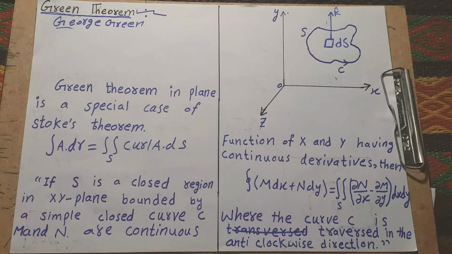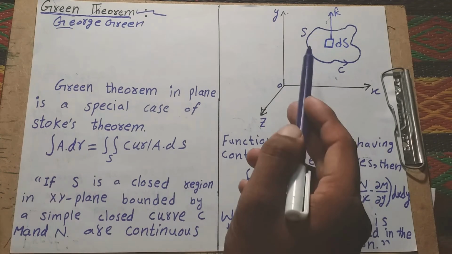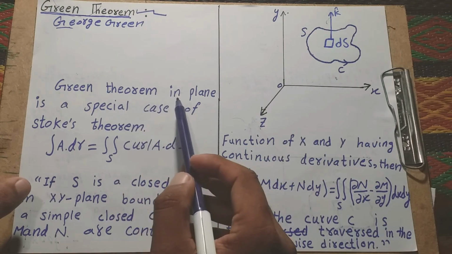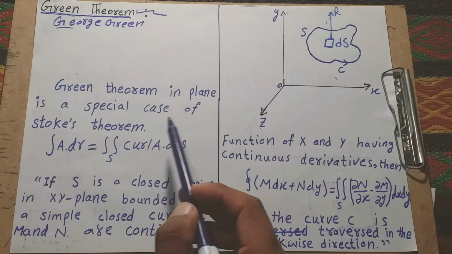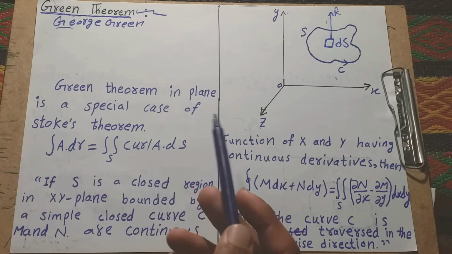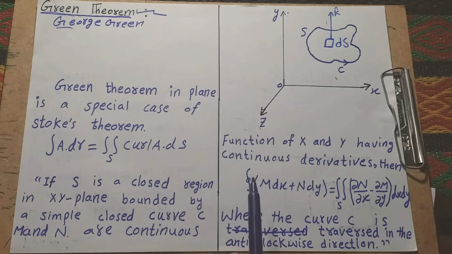That is the reason Green's theorem in plane means two dimensions. Here we consider two dimensions, x and y. Green's theorem in plane is a special case of Stokes' theorem, which means we prove Green's theorem with the help of Stokes' theorem.